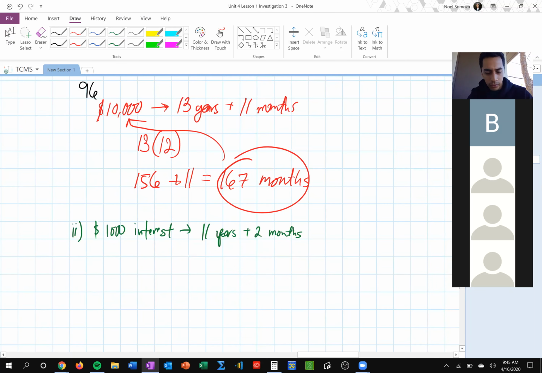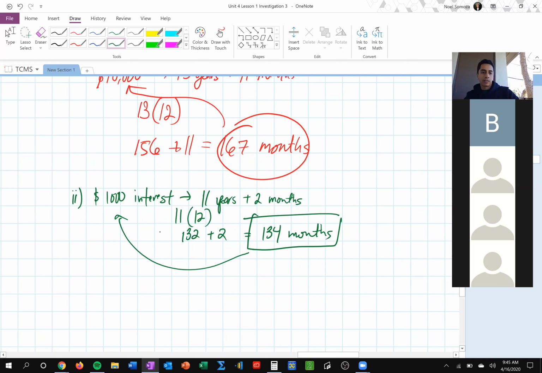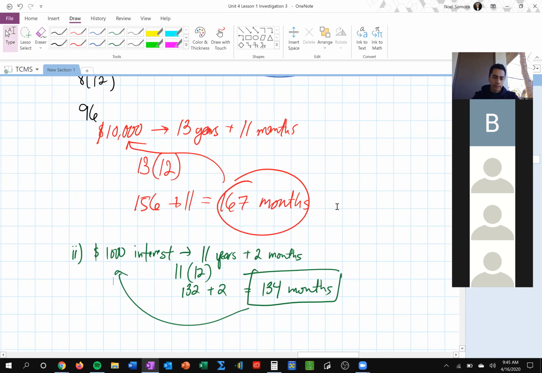Okay, so the 11 years multiplied by 12, so we can turn it into months. That's going to be 132 plus 2, so we have a total of 134 months to earn $1,000 in interest. Okay, and so that's pretty much it for that one.